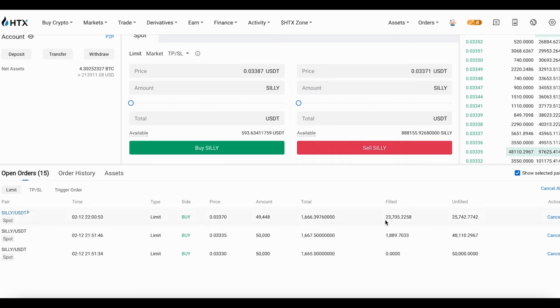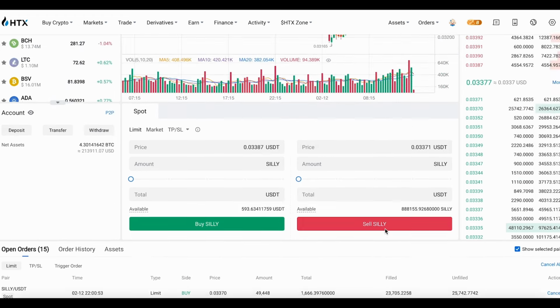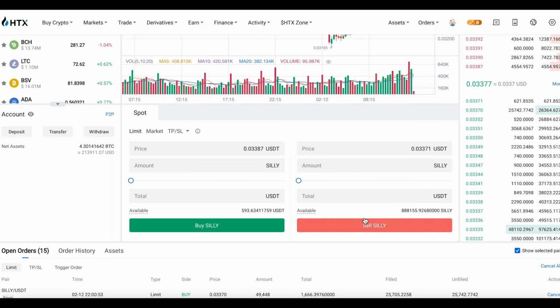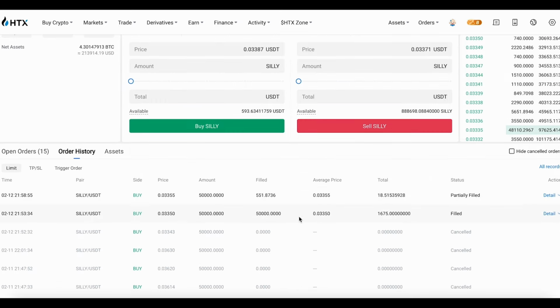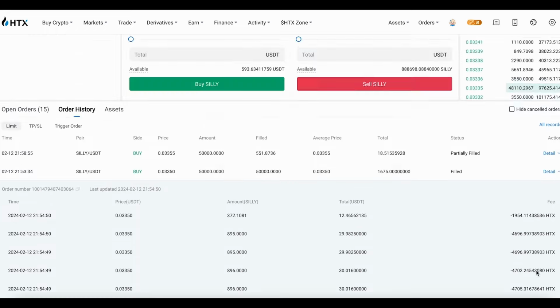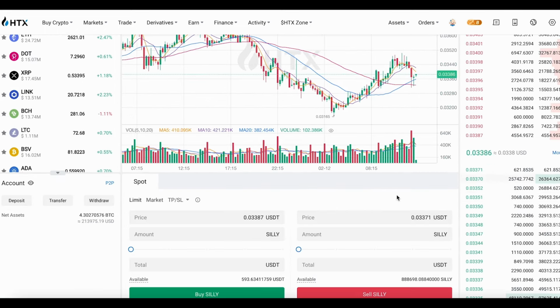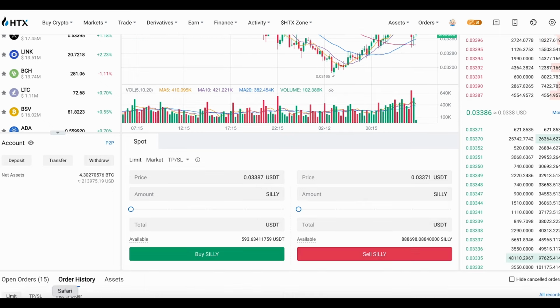Well, we have already completed 23,000 there, and before that 500, so 24,000 already completed. We are waiting. The good thing about order history is that my token HTX pays very low commissions. That's why we are waiting.